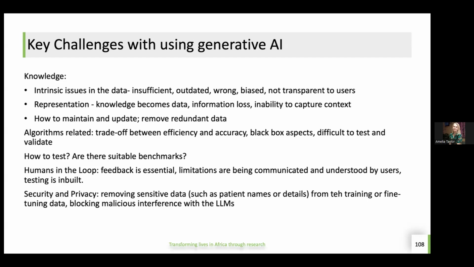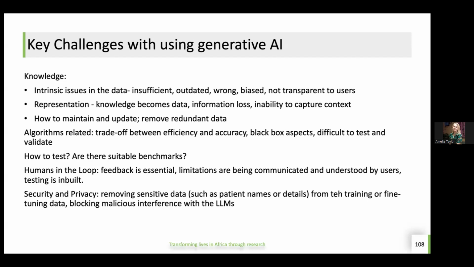And the other one is security and privacy. Remember, one of the examples I gave was that LLM from Google, clinical BERT, which was using electronic health records. So again, issues of privacy and sensitive data. They have to be removed from the training data.